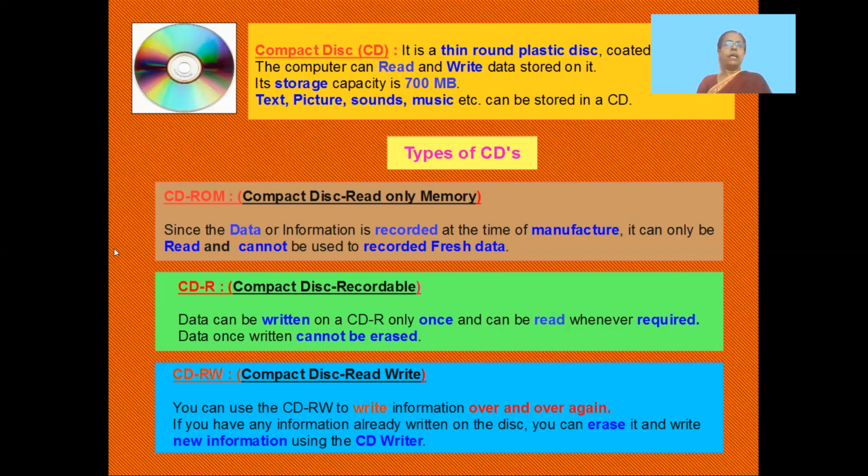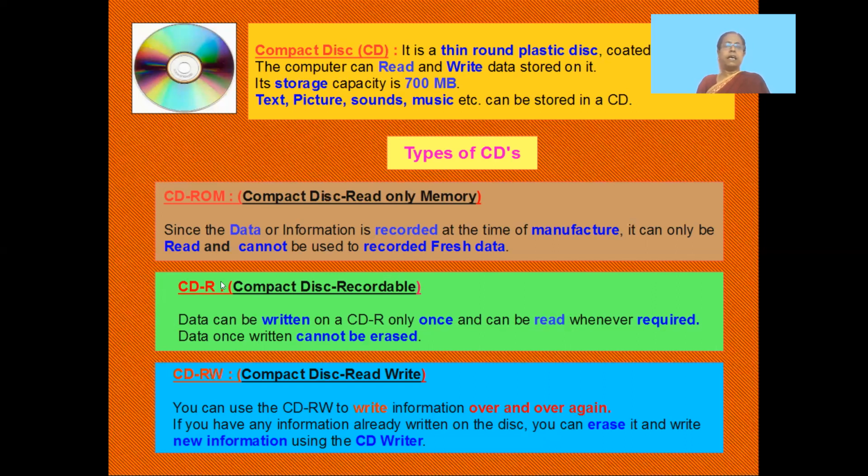So you can only read, that is, see anything on this CD. You cannot do any fresh recording on the CD. So it is an already recorded CD that is sold in the market. This is the meaning of compact disc read-only memory.